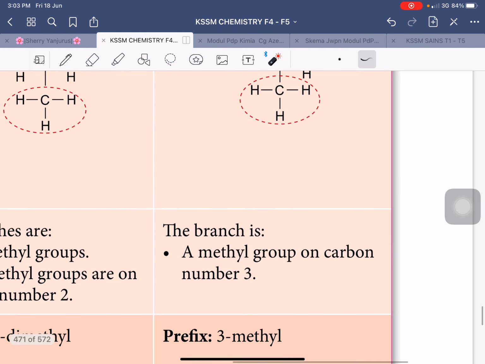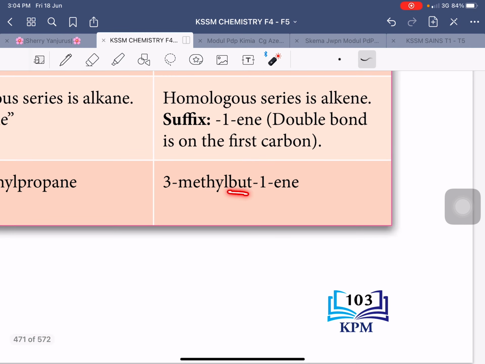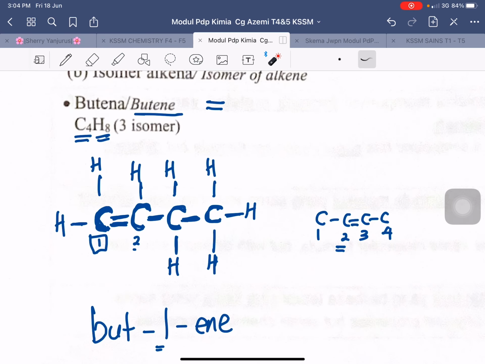That's why in the name there is a 1. See? Butene. Wherever there is a double bond, you have to determine the number, and take the smaller one. I hope you understand that one. So that is why the name is but-1-ene, because you choose between 1 and 2.